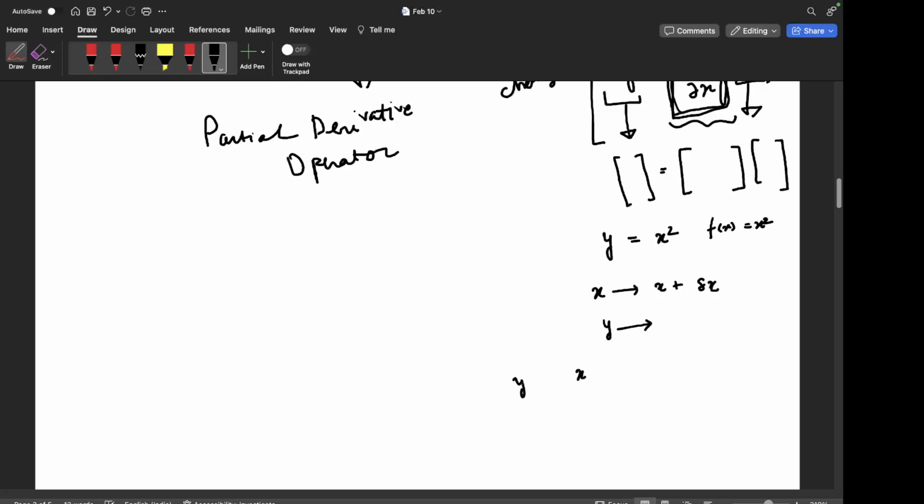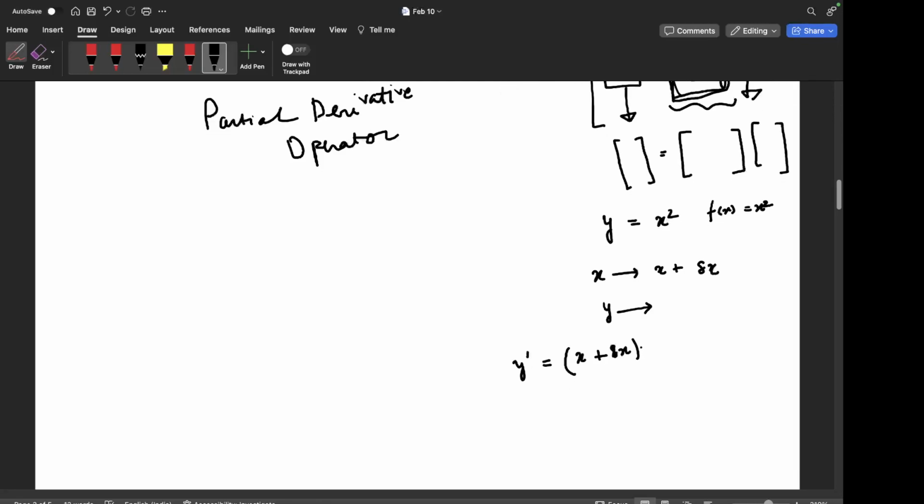The new y, let's say y dash, is x plus delta x. By the way, is my handwriting visible to all, or should I write in a bigger font? It's visible, sir.